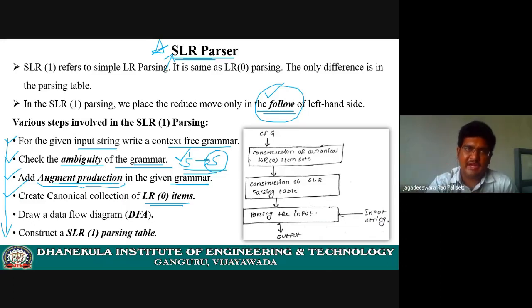One state and a terminal, it may move to another state. Am I clear? One state and a non-terminal, it may move to some other state. Am I clear? So the 4th step here is to create LR(0) items. All the items, all the production rules which are related to each other are grouped under the name of a state. That we have to do.